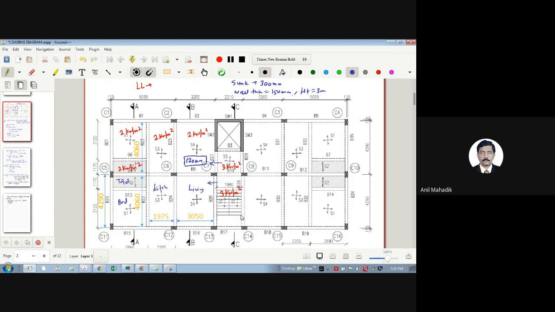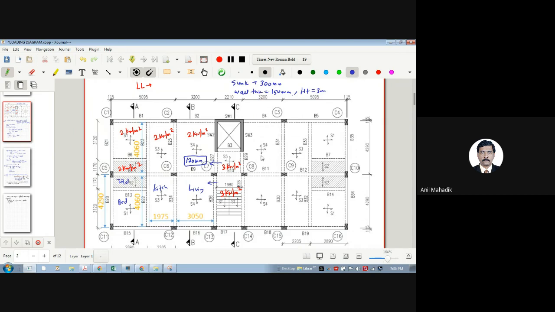Let's say my aim is to draw the loading diagram for B30 and B31. How load is transferred we have already discussed: from slab to beam, beam to column. Now tell me how the load will transfer from S4 to B30 and S4 to B31.